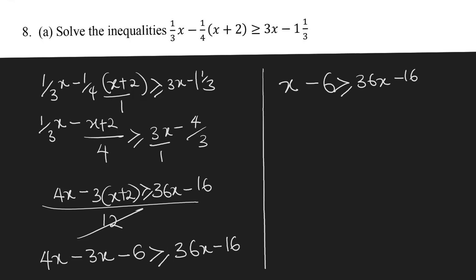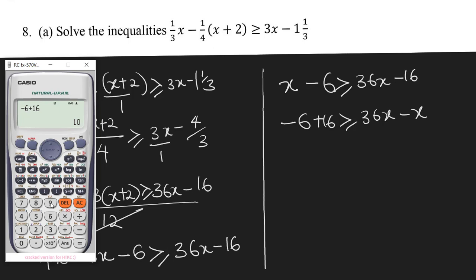So we're going to have minus 6. This 16 will move to the left hand side, and its minus 16 is going to be plus 16 in this case. So plus 16, you have greater or equal to 36x, then this x will move to the other side as minus x. Minus 6 plus 16 is equal to 10.